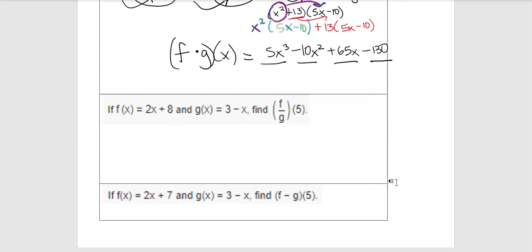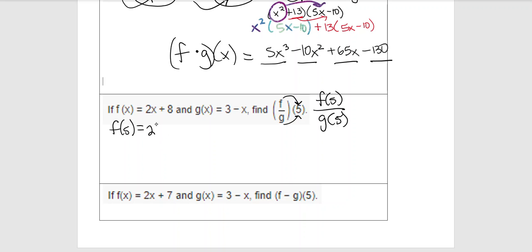And let's look at an example with division. Here, notice the difference is they have us substituting a value instead of actually using the x. We're going to be doing f of 5 divided by g of 5. And before we can divide those, we need to know what is f of 5.